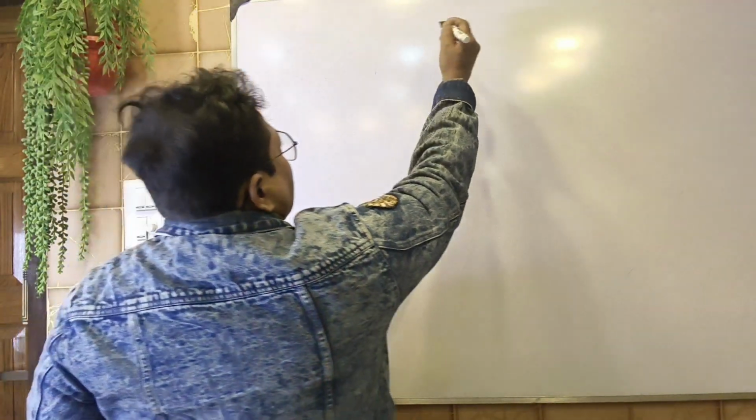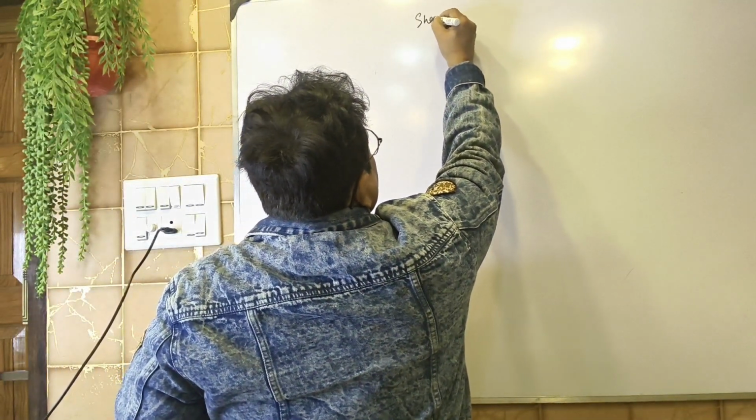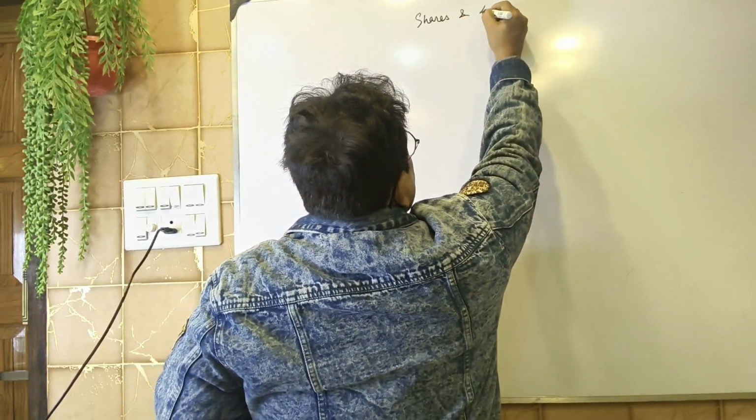How shares are issued when it is at par, what will be its dividend percentage, how dividend is distributed, and what is the total dividend, that is, the annual income of the shareholders, that I am discussing here.